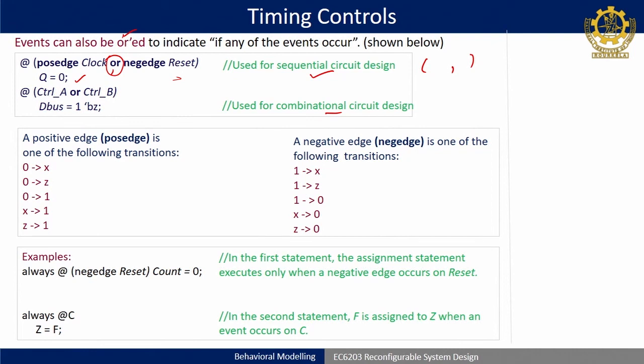So, a flip flop will come only if posedge or negedge is written. So, you can OR also the events.